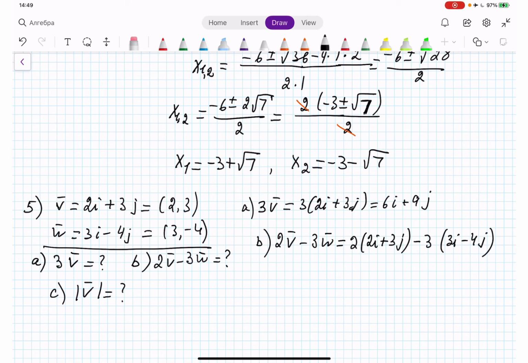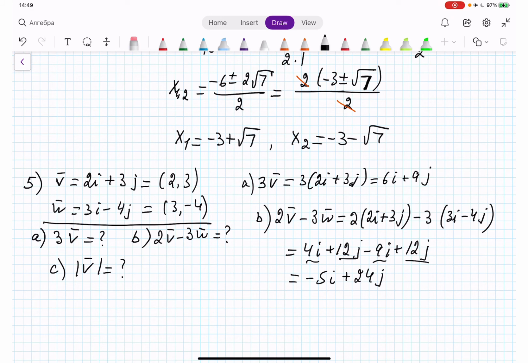Okay, so from here, this is equal to 4i plus 12j minus 9i plus 12j. And what do we get here? The result is going to be 4i minus 9i, it's going to be negative 5i and plus 24j. Okay, and this is B.